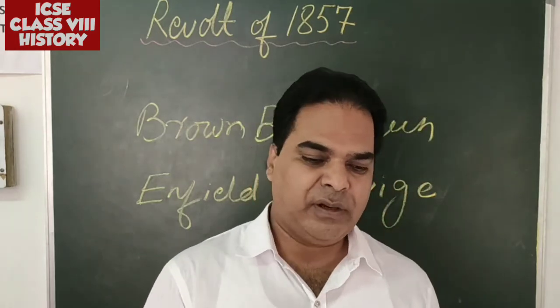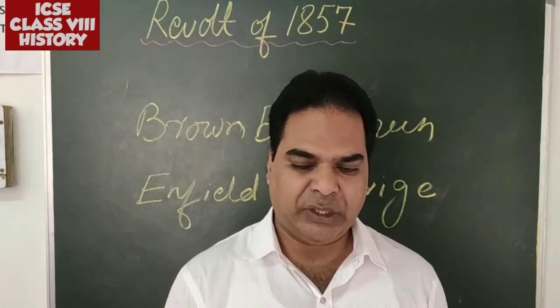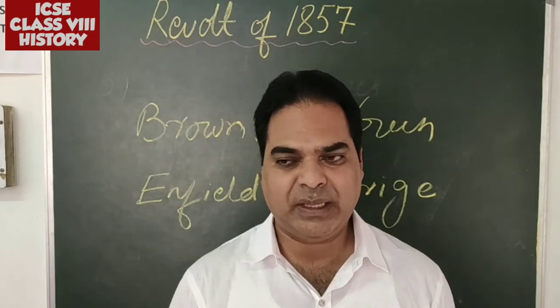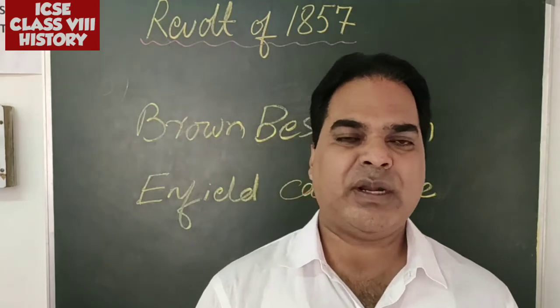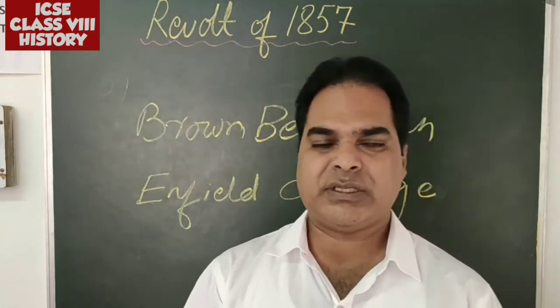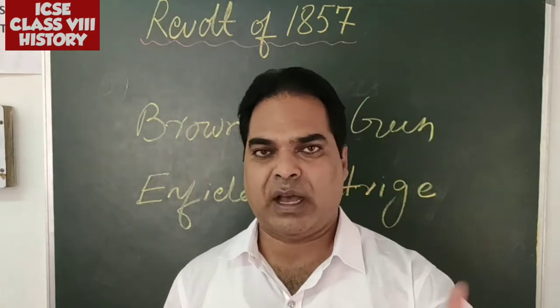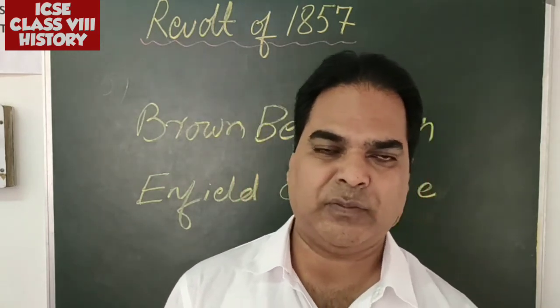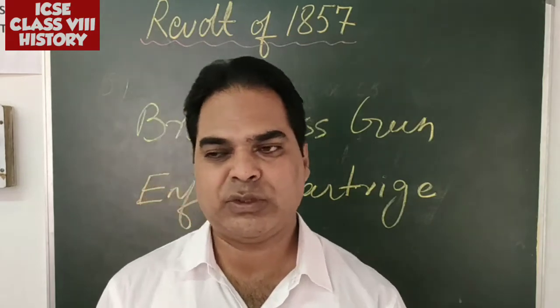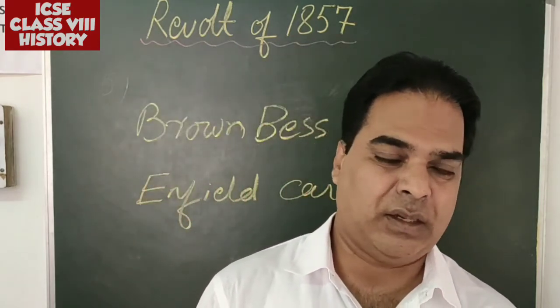So when the Enfield Rifle was introduced in the British army, the Indian soldiers refused to use it. There was a rumor among them that the cartridge cover was made of the fat of a cow and a pig. The Hindus would not use it because the cow is holy for them, and the Muslims would not use it because it is taboo for them.